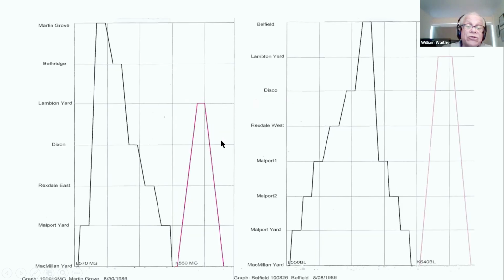Now, the program also prints, of course, with the portion called the scheduler, the train line. So we'll see, for example, the Martin Grove train goes to the meatpacking plant and then heading back west on return to the cement plant and so on.